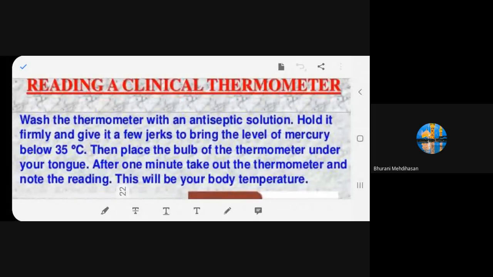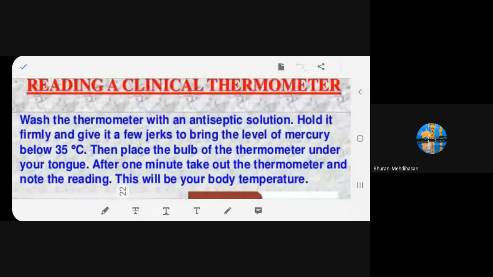In the case of children we do not do that because they may bite it. It's made of glass, and the mercury is poisonous, so there may be an accident. So we do not generally allow the thermometer to be put in the mouth of children. We put it in the armpit instead. For how long do we keep the thermometer? For 1 minute. So we keep the thermometer for 1 minute under the tongue and then we see the reading.